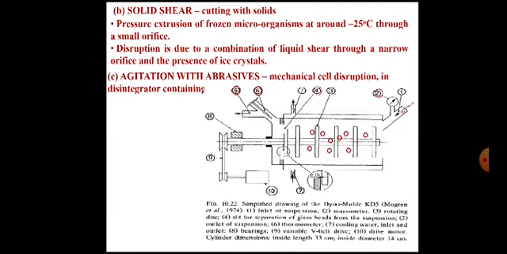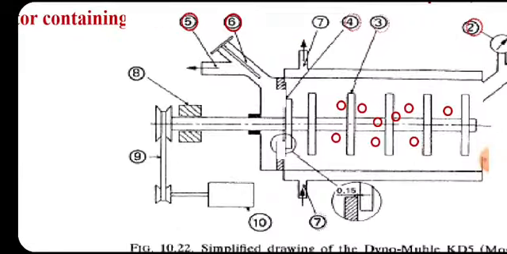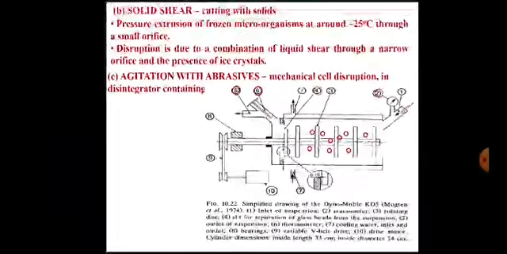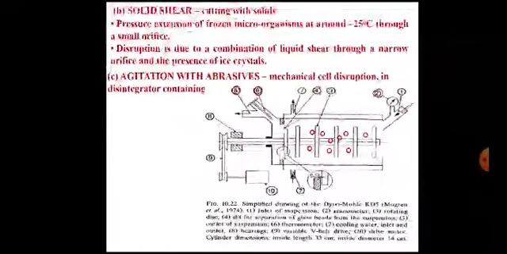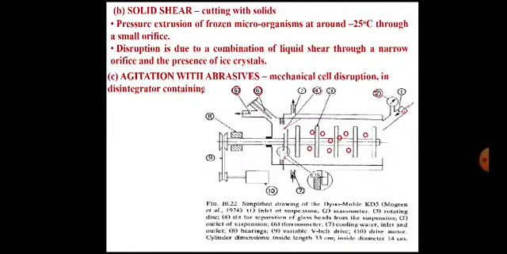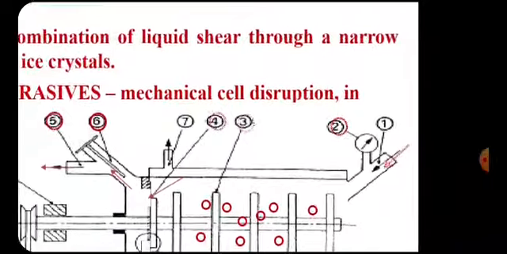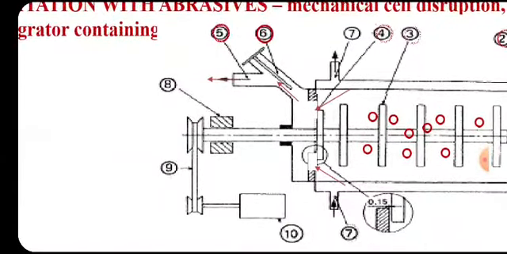After this, you can see here that the slit is now open, that is the fourth part, and that will allow the passage of, you can see the red arrow, slurry of broken microbial cells outside from part number 5. This is how it operates.